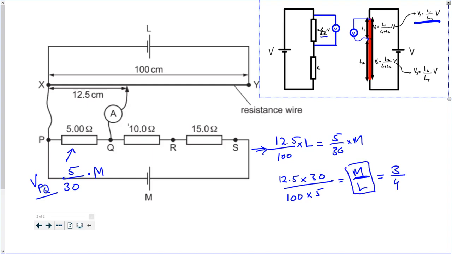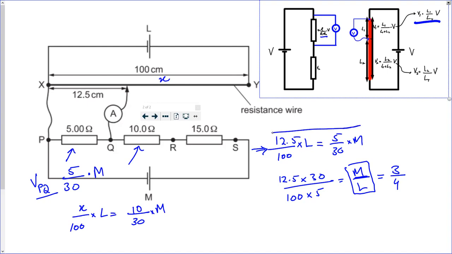The second part in the option, they have written that you need the potential difference across the QR. So the potential difference across the QR is 10 out of the total resistance of 30 times the total potential M. And I call the balance length for it X. So X out of 100 times the total potential across the 100 centimeter length, L. They must be equal, just like these two are equal.